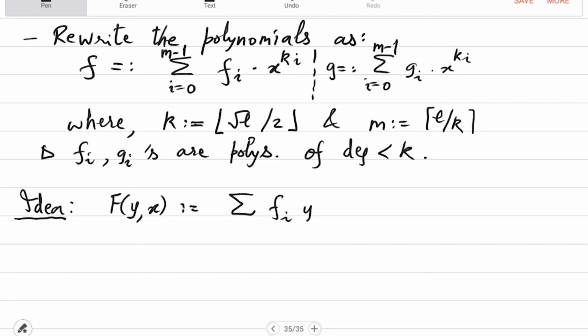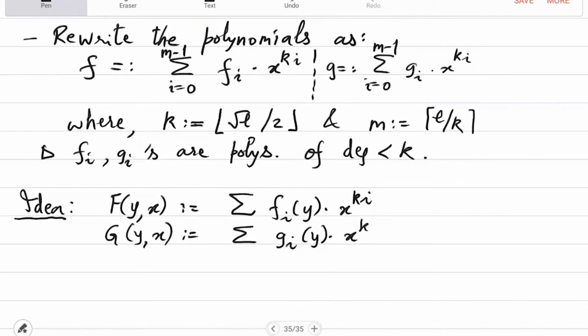So let us consider these polynomials, big F and big G. So define these and then multiply them.